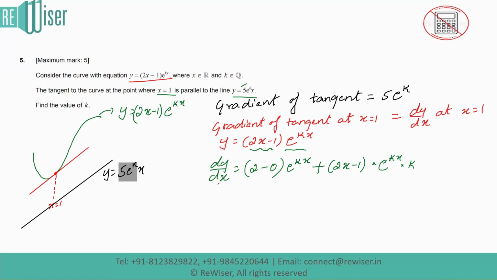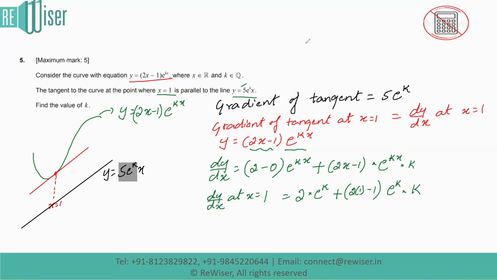So now let's find dy/dx at x = 1, which means we put x as 1. This is 2 minus 0, which is 2, times e^(k·1), which is e^k, plus 2 times 1 minus 1, times e^k times k.